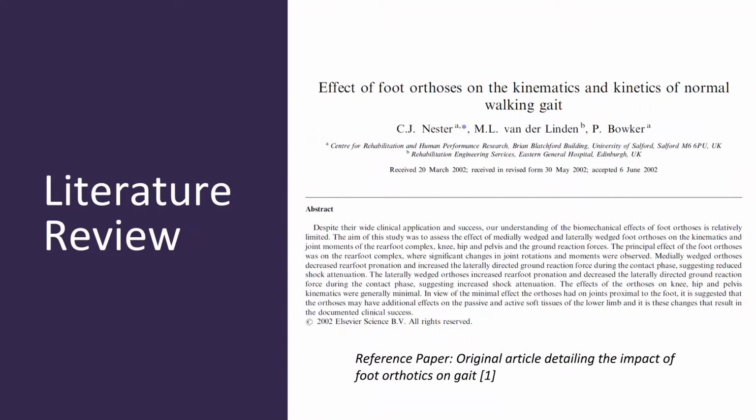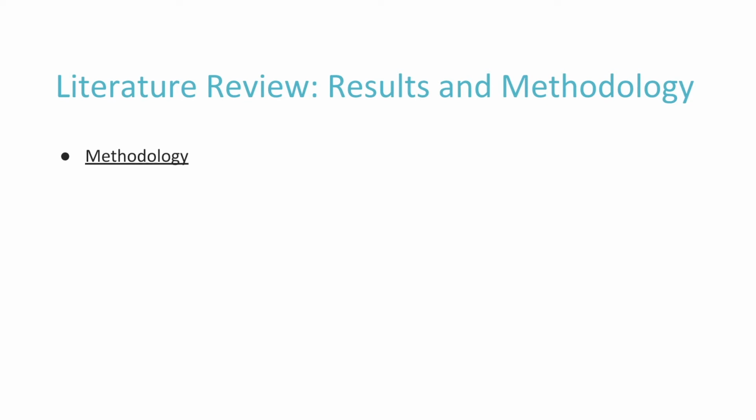We've decided to reference a study that was done by Nestor, Linden, and Bowker, which studied the effect of laterally and medially wedged foot orthoses on kinematics and joint movements of the lower body extremities. They examined 15 subjects who were each asked to perform 10 gait cycles under 3 experimental conditions: with shoes only, with shoes and medially wedged foot orthoses, and also with shoes and laterally wedged foot orthoses.